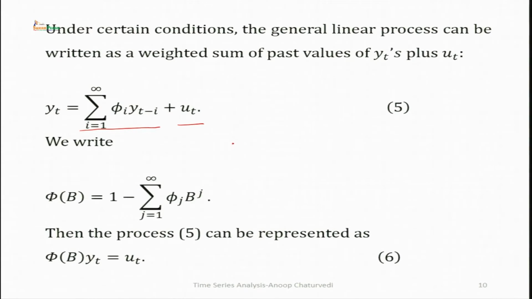So, what you get? y_t minus phi_1 B y_t minus phi_2 B square y_t minus and so on, equal to u_t.